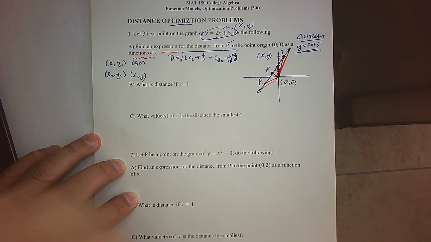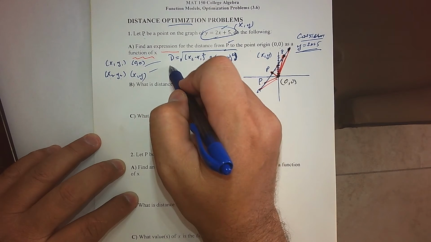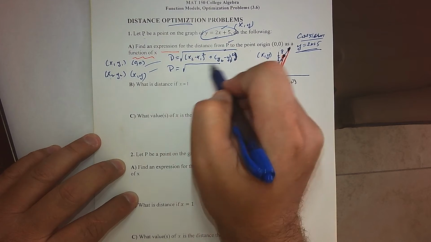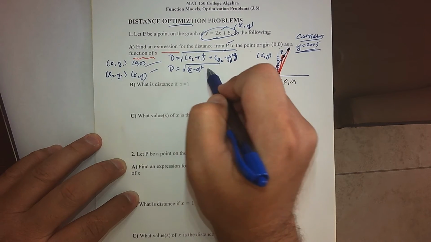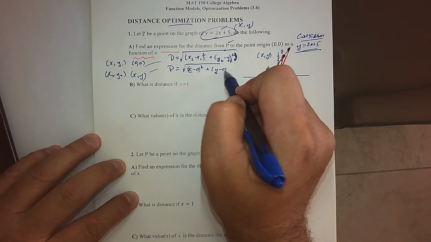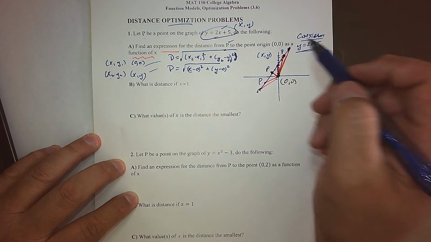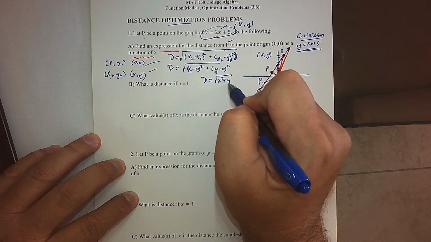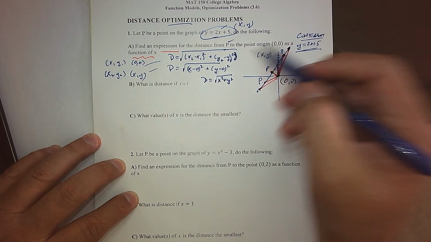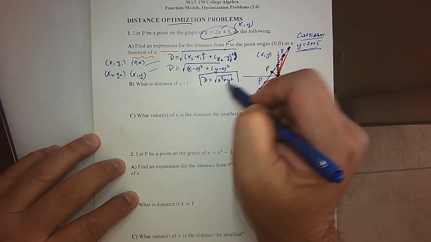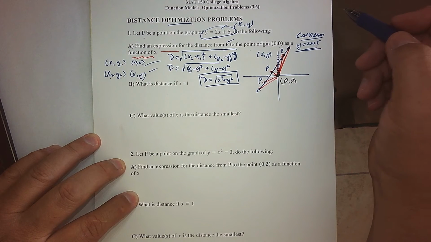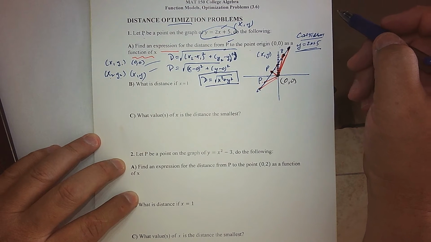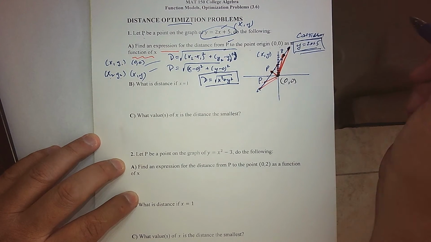And so putting that information in here, we get that d is the square root of (x minus 0) squared plus (y minus 0) squared. And so at this juncture, we have d equal to the square root of x squared plus y squared. So there is the function that we're going to eventually try to minimize and optimize, but we're based off of this constraint.